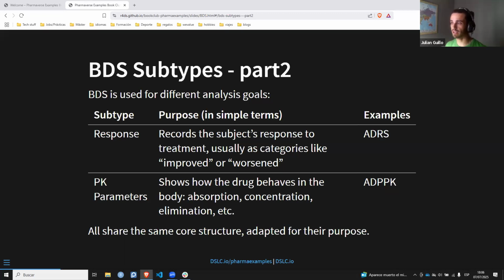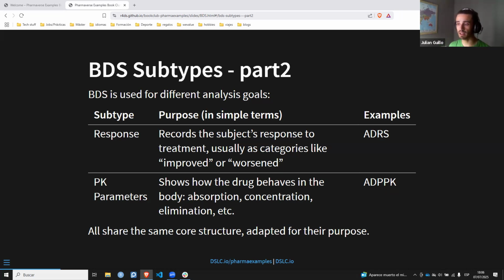They record the subject's response to treatment, usually with categories like improved or worsened. We also have pharmacokinetic parameters, and these show how the drug behaves inside the body, like how the drug is absorbed, the concentration, the rate of elimination, and so on.